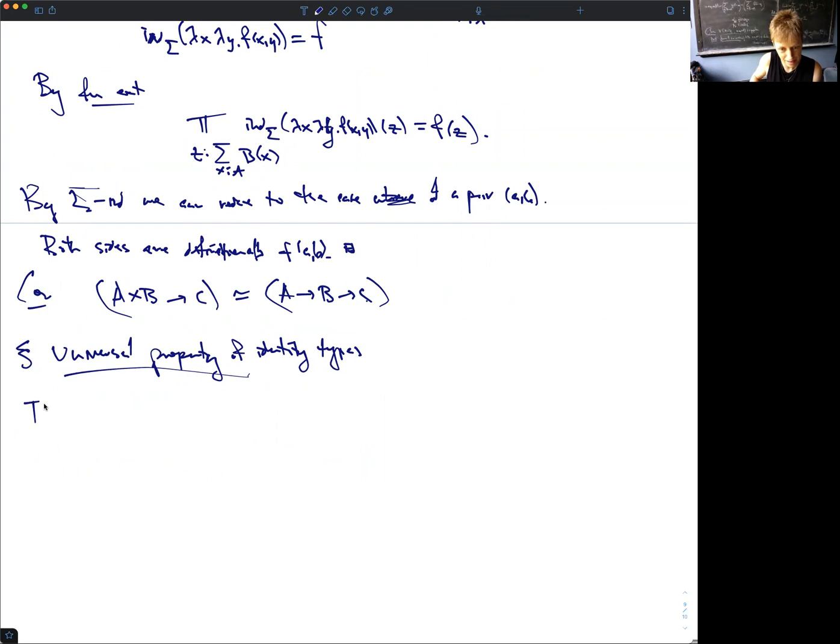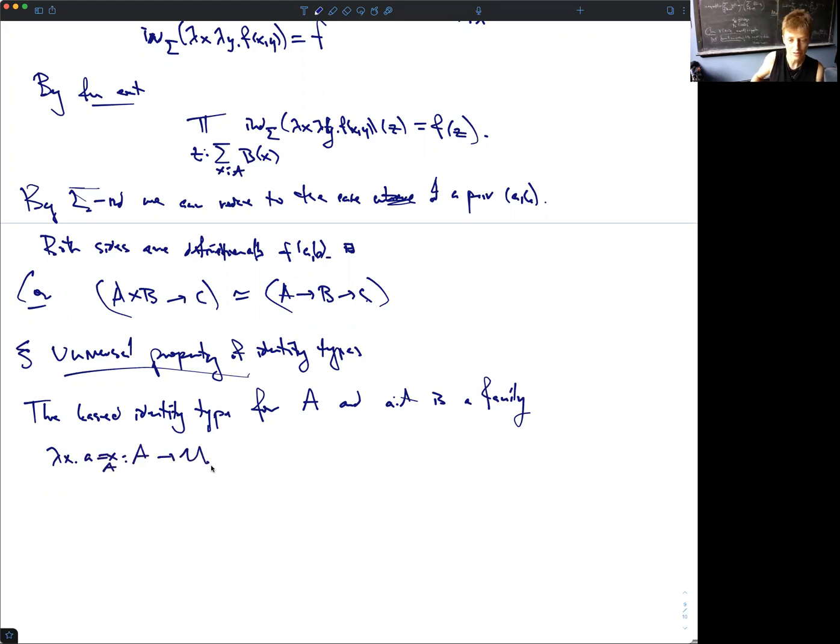I guess I can say the based identity type, for some type A and some term a in A, is a family lambda x dot a equals x. So that's a family of types over A valued in the universe.